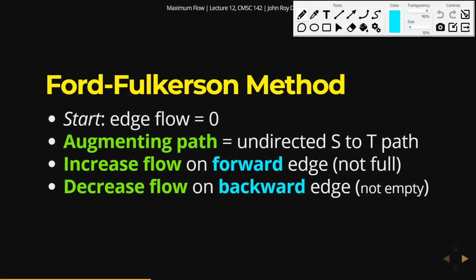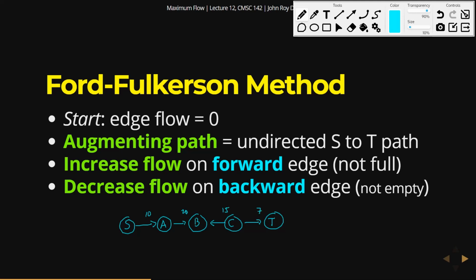So what do we mean by this exactly? Let's say that our current graph looks like this. From A to B, then to C, then to T, and this one is from S. Let's say their capacities are 10, 20, 15, and 7.